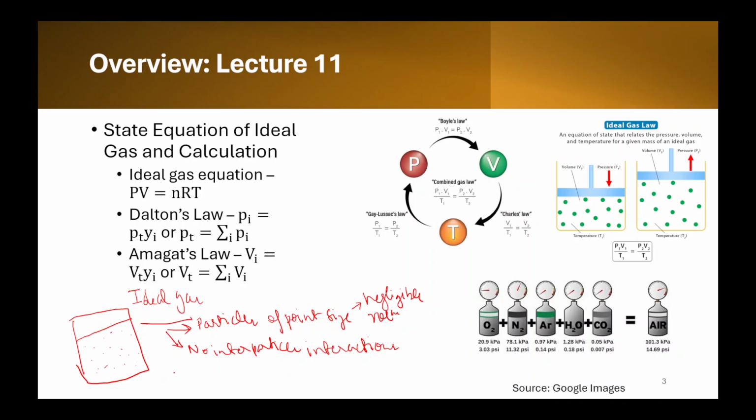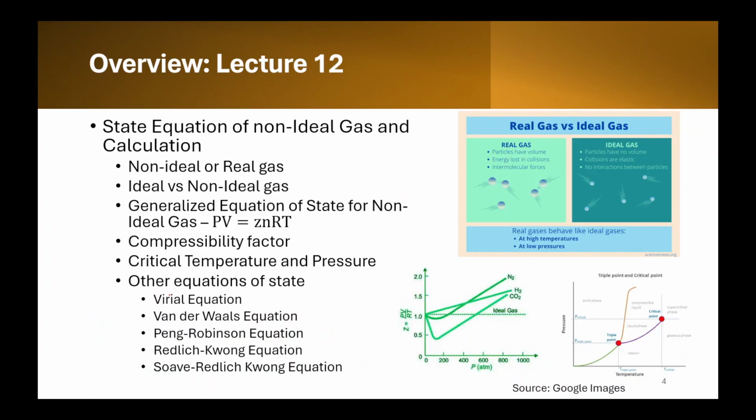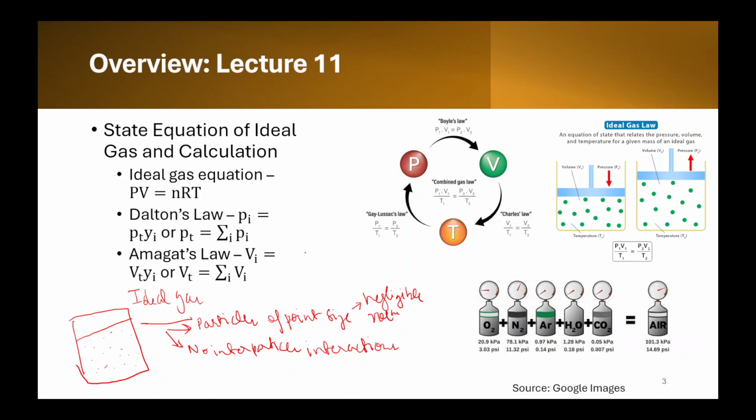Also at high temperatures, the particles are imparted so much kinetic energy that the interparticle attractions may be neglected. So ideal gas behavior can be observed at high temperatures and low pressures. That means ideal gas behavior may not be present at high pressure and low temperature.